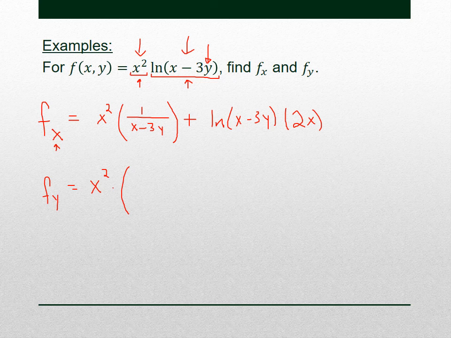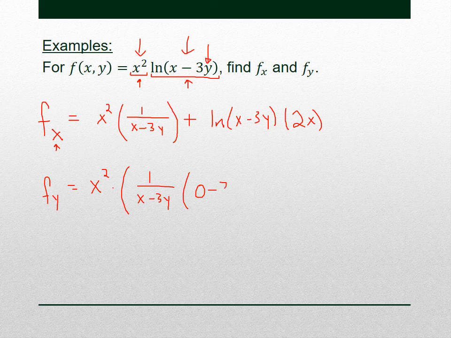Okay, so how do we take the derivative of something like that? Well, the constant comes along for the ride. And now we need the derivative of natural log, so that's 1 over copy down what you see. And then chain rule, we're going to multiply by the partial derivative of x minus 3y. So the partial derivative of x with respect to y, we treat x as a constant and we get 0.